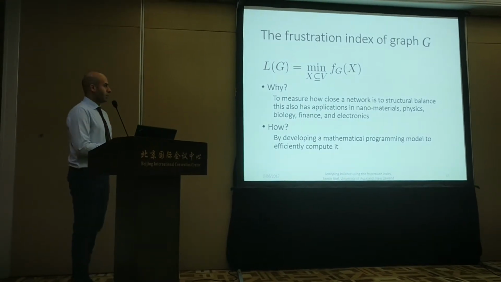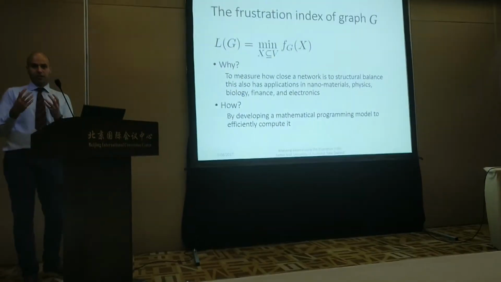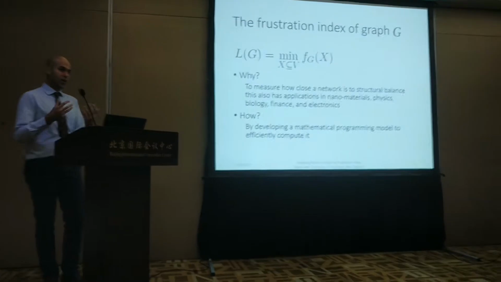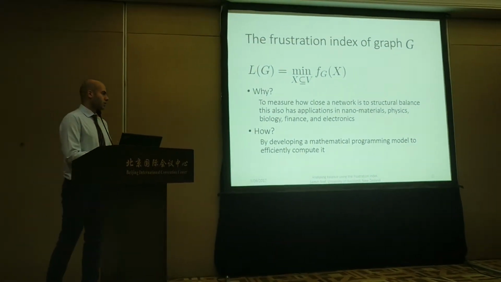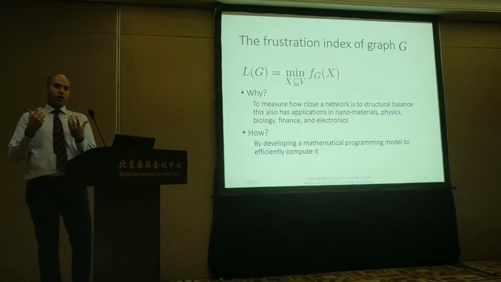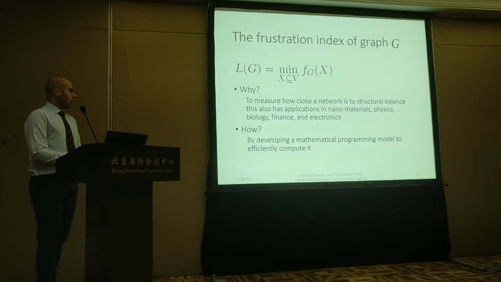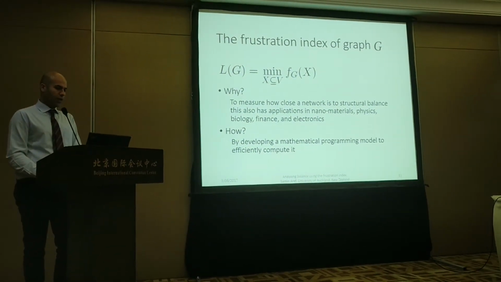It's strange to me that this measure has never been studied using an exact method. To the best of my knowledge, there was no way to calculate this measure exactly. We're going to use a mathematical programming model to find it.